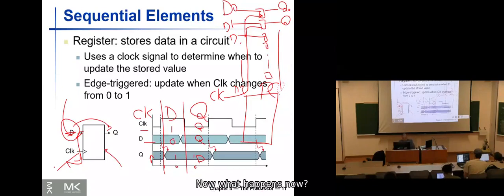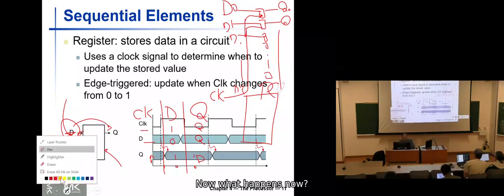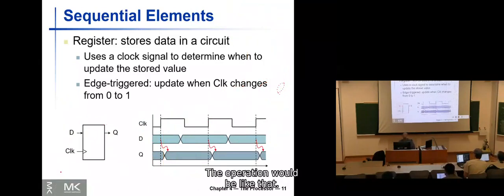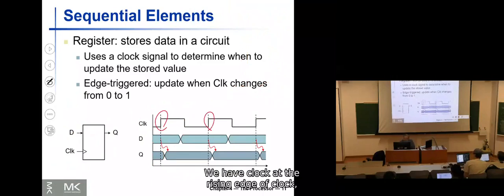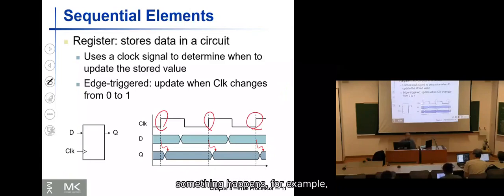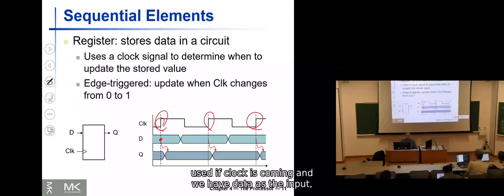And now, what happens now? The operation would be like that. We have clock. At the rising edge of clock, something happens. For example, clock is coming here, and we have something on the data. Here, I put the data as a bus, for example, a 32-bit value, 32 D flip-flops we have used.